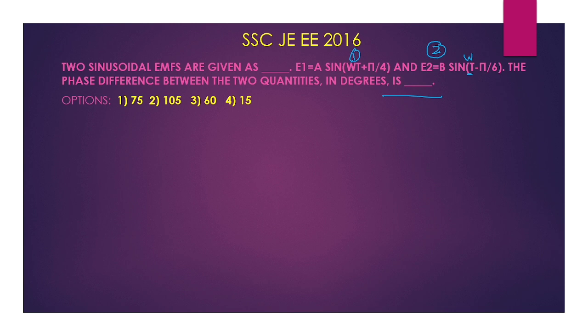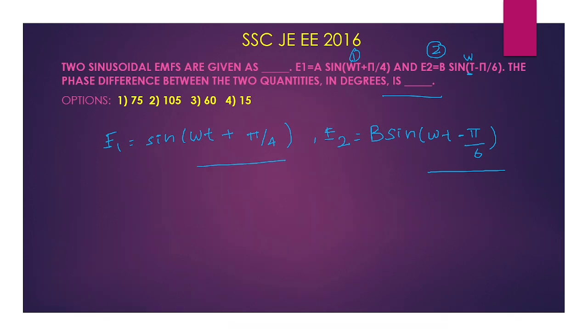The first EMF is A sin(omega t plus pi by 4), and the second EMF is B sin(omega t minus pi by 6). These are the phase values of the two EMFs.